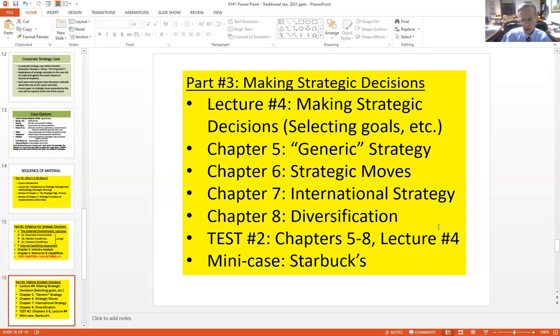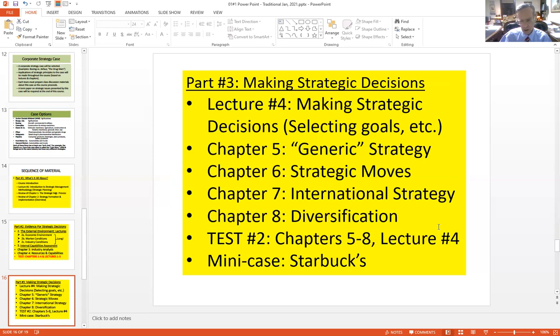And there's a test on chapters 5 through 8 and lecture 4. By this time, we'll have talked a lot about, and you'll have read a lot about strategic management. And we can start to look at some of these mini cases and appreciate the strategic management implications of those cases. The first one you'll look at is Starbucks.